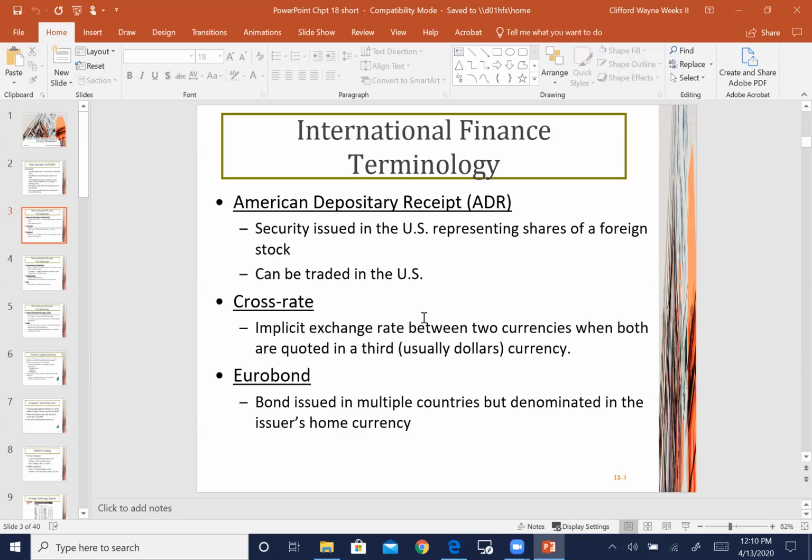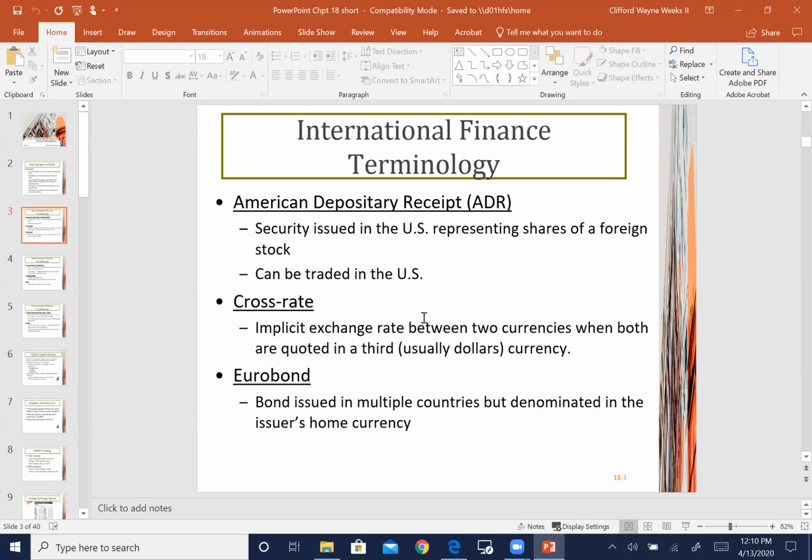Another definition is this cross rate. All right, it's the implicit exchange rate between two countries when both are quoted in a third currency, which is usually the U.S. dollars. All right, and so that's kind of old these days because we have the power of the internet, right? And we're going to actually utilize that shortly.